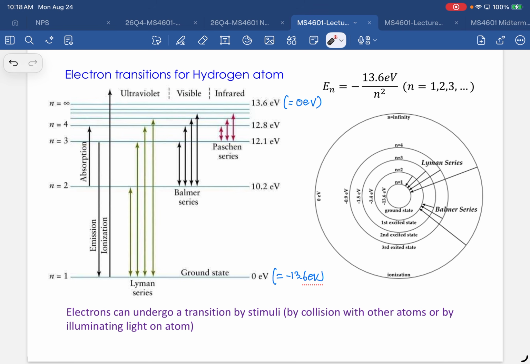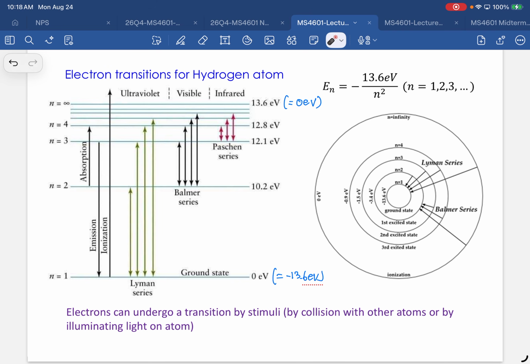But if we input, for example, more than 10.2 eV, it has sufficient energy for the electron to go from the ground state to the n equals 2 state. That is essentially called absorption. When the electron is in an excited state, it tries to minimize its energy. So for example, if it's in the n equals 3 state and goes to the ground state, it has to lose energy, right?